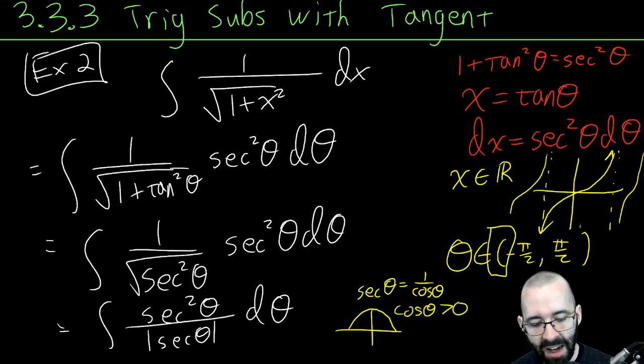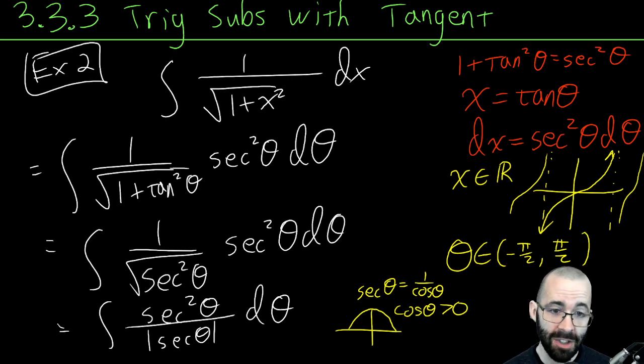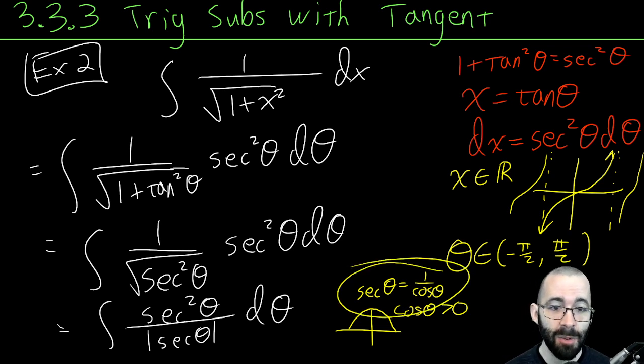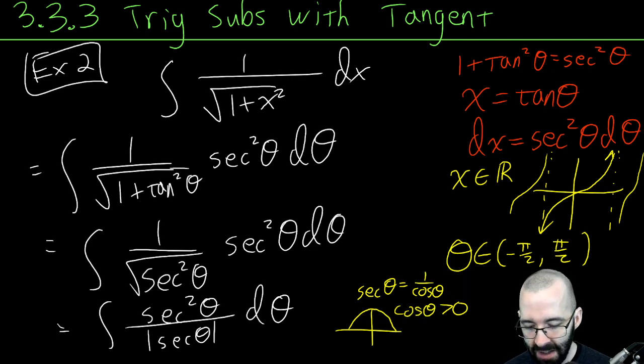Because we have exclusive. Cosine of theta will never equal 0, which is good, because if cosine of theta equals 0, we've got a problem. Cosine of theta equals 0, big problem. So, whew, great. Secant of theta is its absolute value on this region.